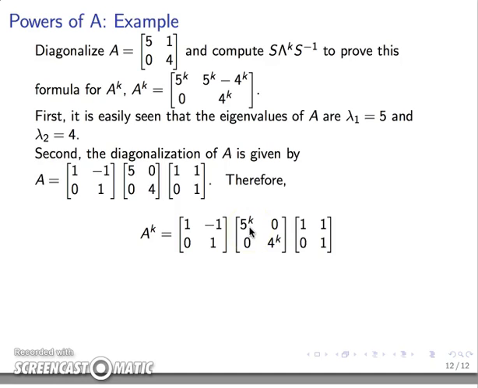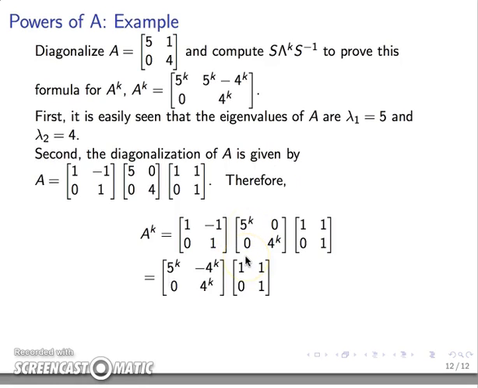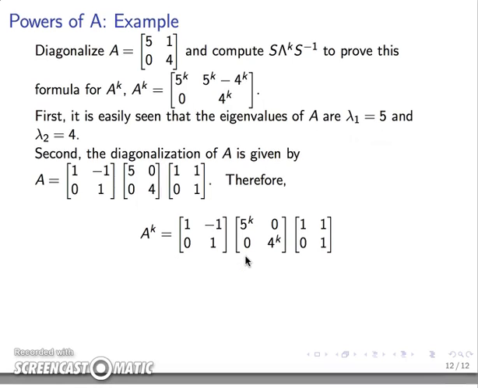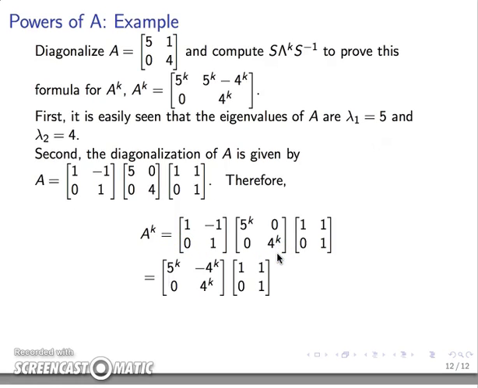So what we need to do next is to compute the matrix product. We would have to multiply these two matrices together. When we do that, we obtain this matrix here, and then we multiply that matrix by this matrix with columns 1, 0 and 1, 1.